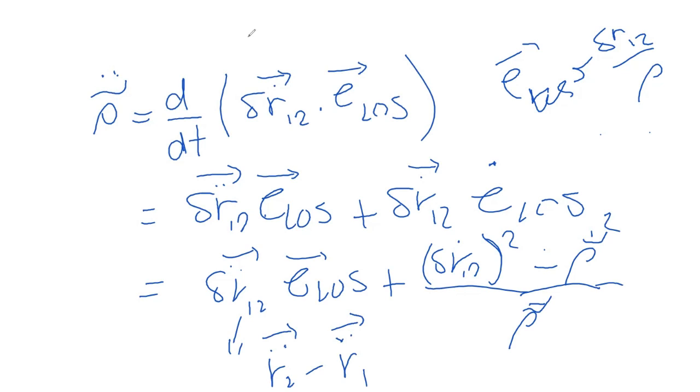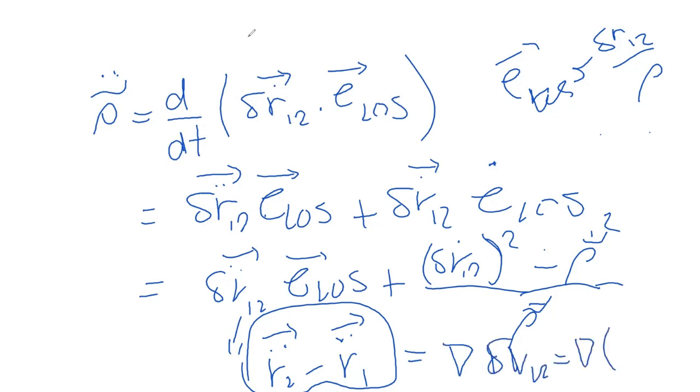This acceleration vector is actually the gradient of the potential difference between satellites. It means gradient of V2 minus V1. So we find it. Here we have rho bar, and we have the acceleration vector, which is connected to the potential, and we have another measured quantity.